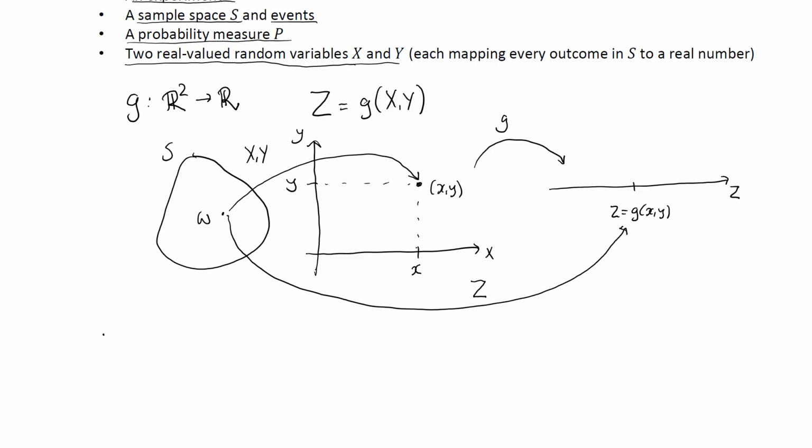So we've done this illustration using just 2 random variables, but we can do this with an arbitrary number of random variables. If I have 3 random variables, then they together will map every outcome to a point in R3. And if I have a function g whose domain is R3, that is, it's a function of 3 variables, then I can create a 4th one.